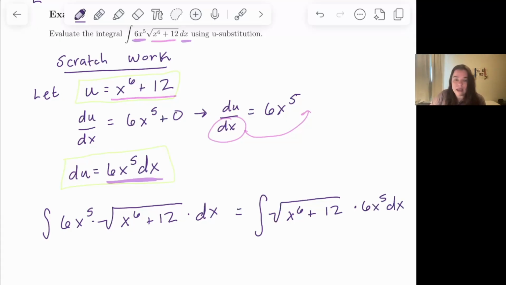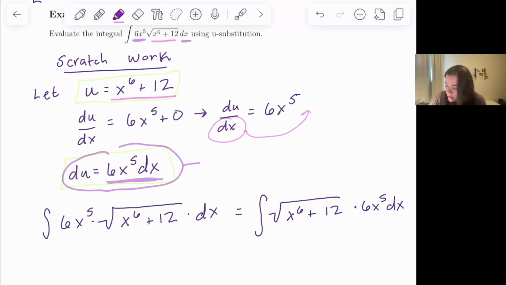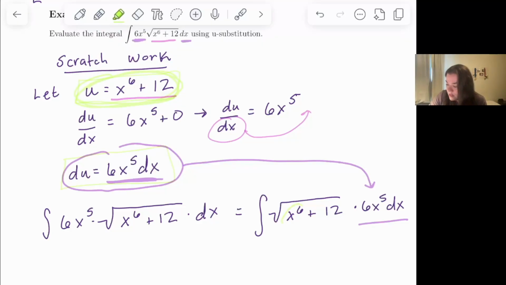Again, notice the substitution. The du is equal to 6x to the fifth dx. So this du is going to replace 6x to the fifth dx. And our u, highlighting it in green, is equal to x to the sixth plus 12. That is going to replace what's inside the square root.